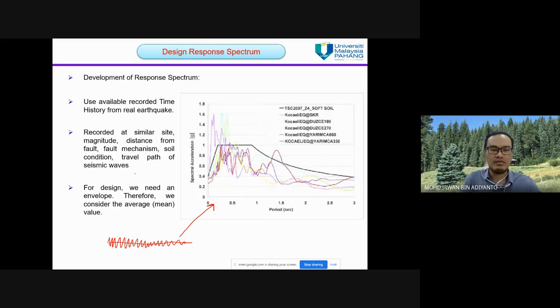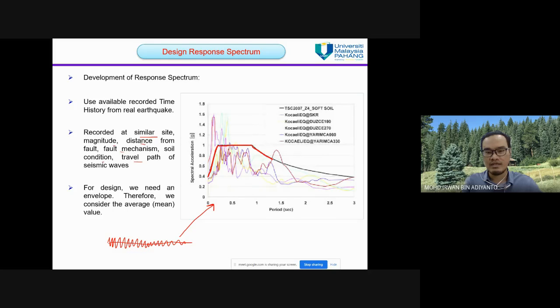We choose the ground motion records of similar size, magnitude, distance from fault mechanism, soil condition, and travel path of seismic wave, and then we convert them to this shape before we find the mean value of this shape.